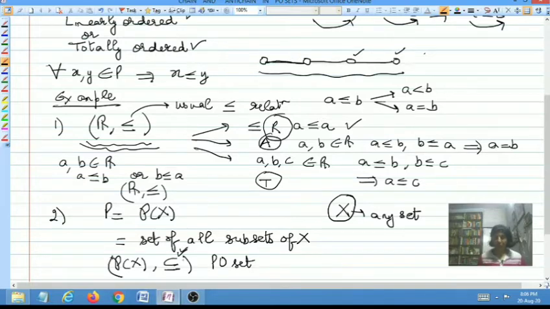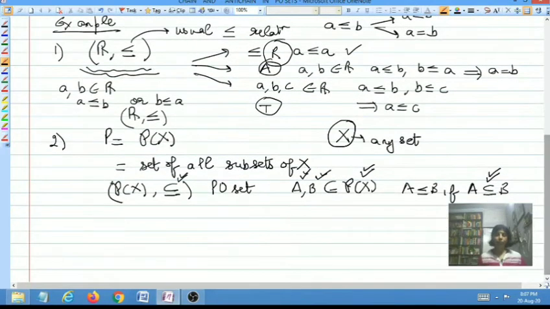It means is a subset of, or is contained in, which means that if you pick up any two sets A and B belonging to the power set of X, because the power set of X consists of all subsets of capital X, so these two are subsets of capital X, or they are sets themselves. So you will say that A is related to B if A is contained in B, or if A is a subset of B, or if A is included in B. So this is the inclusion relation, and we have already seen that this is a PO set.